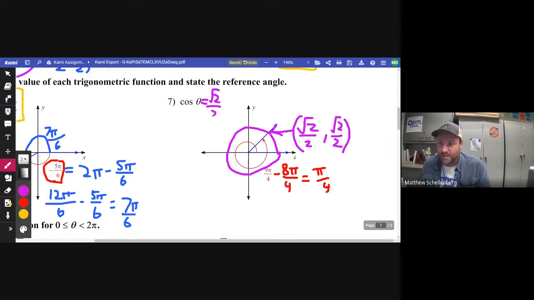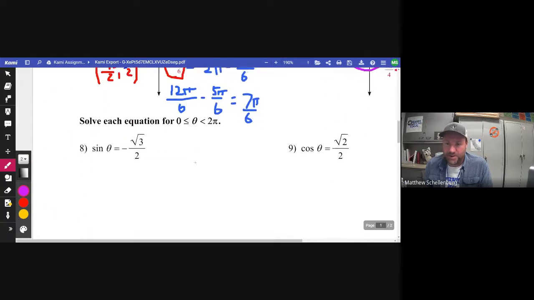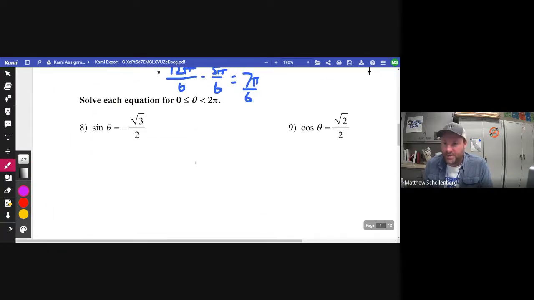So I have my reference angle here, and I have root 2 over 2. I'm trying to think if there's another way that you might want to do it, but I think that's really what you need. Okay, so let's move on to these here.